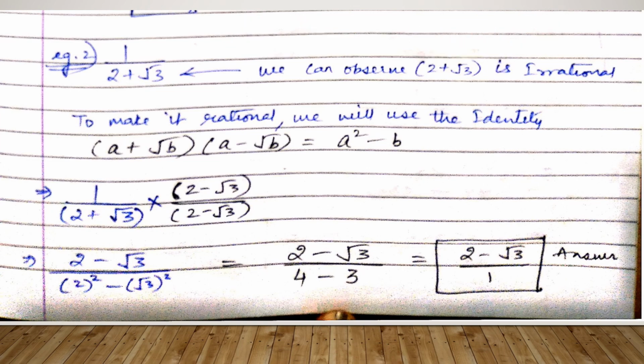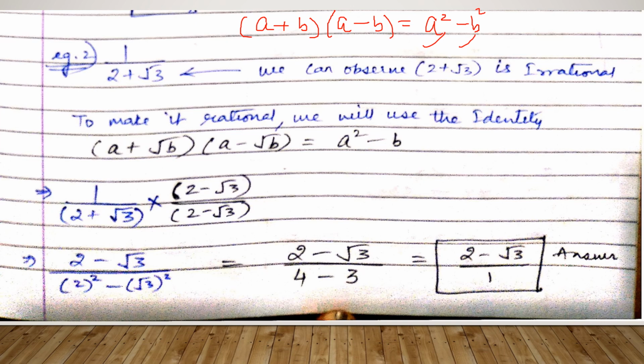For that we have to understand there was a formula like this, that if you have a plus b and you multiply with a minus b, the formula was a square minus b square. That is simply the square of both the terms. I think this formula can help us this time. How?